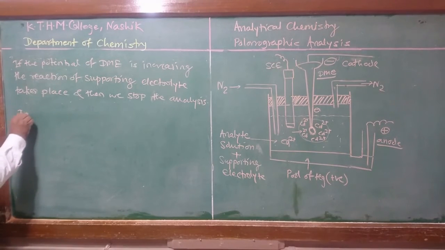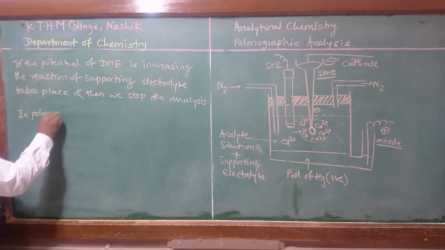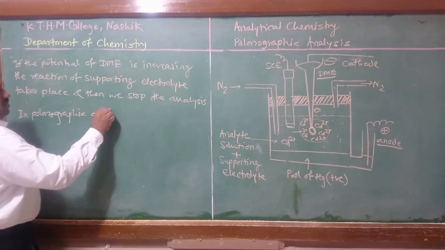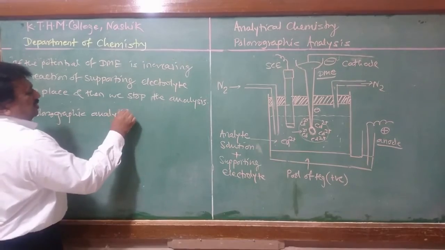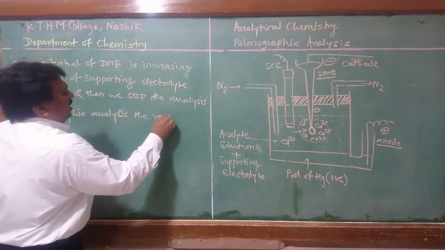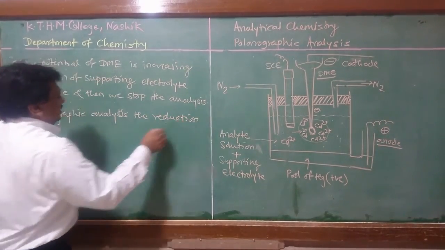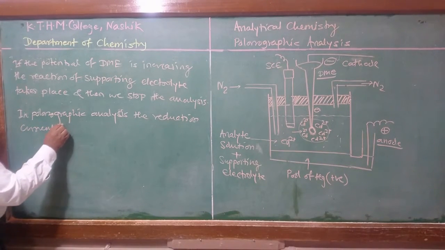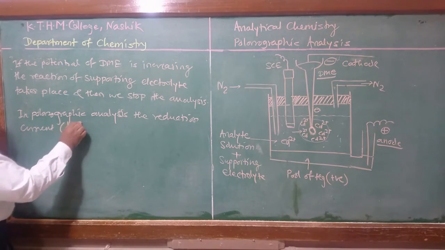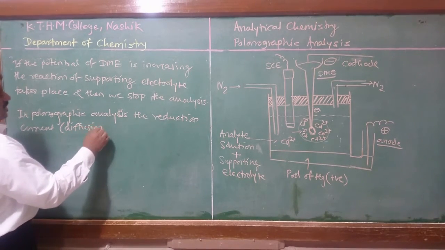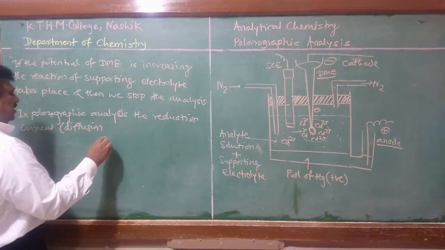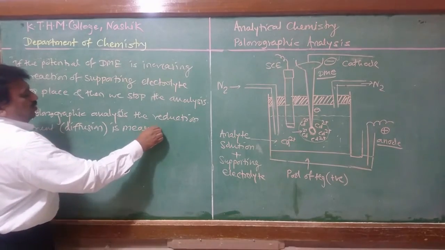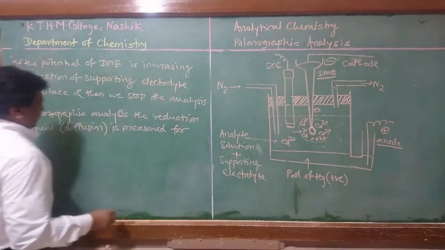In polarographic analysis, the reduction current due to the analyte, that is called diffusion current. The reduction current due to the analyte is measured for quantitative analysis.